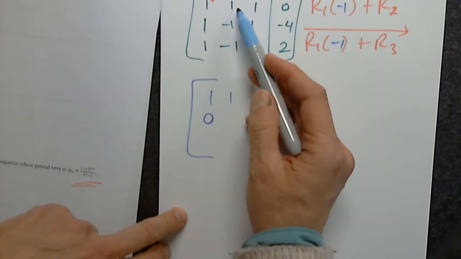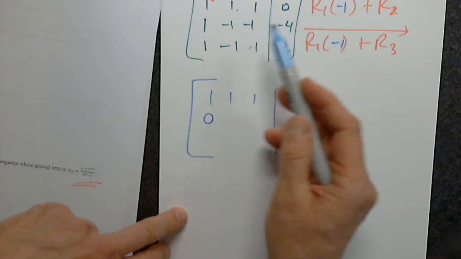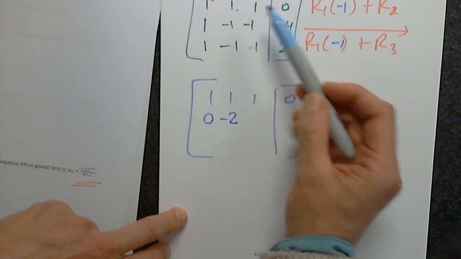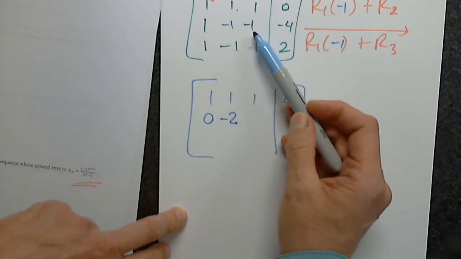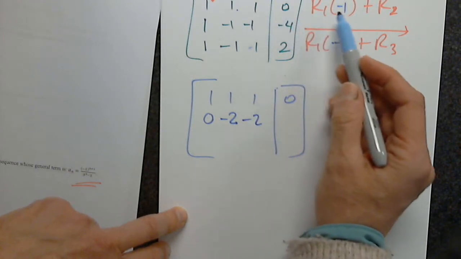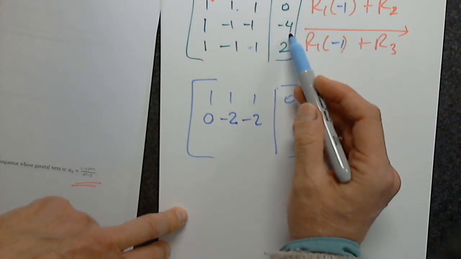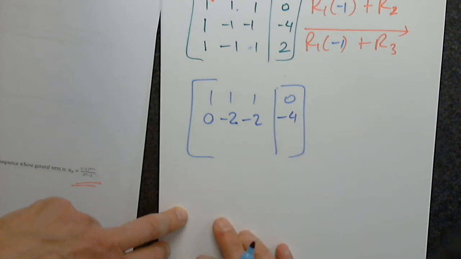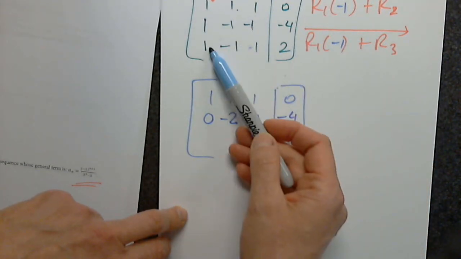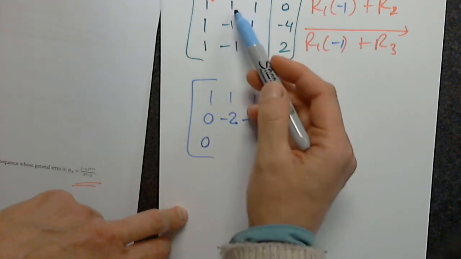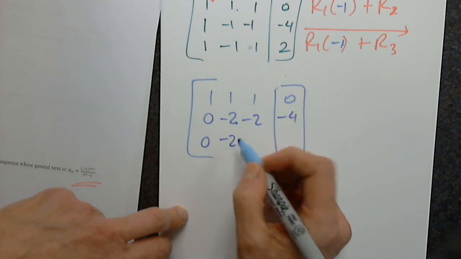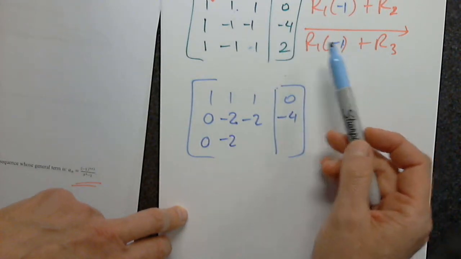Excellent. 1 times -1 minus 1. 0 times -1 minus 4. Perfect. 1 times -1 plus 1. 1 times -1 minus 1. 1 times -1 plus 1.